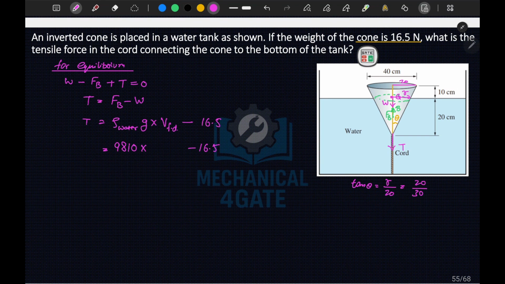So from here I can write r is equal to 40 divided by 3 centimeter.